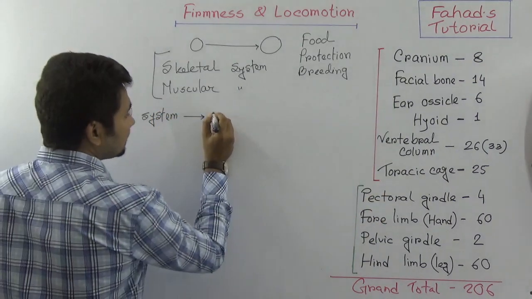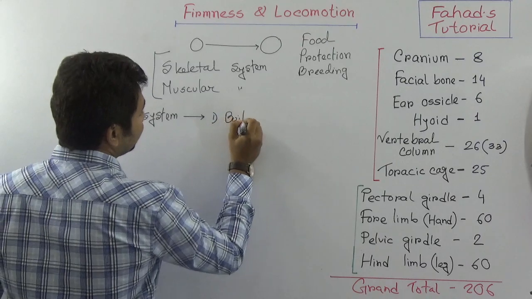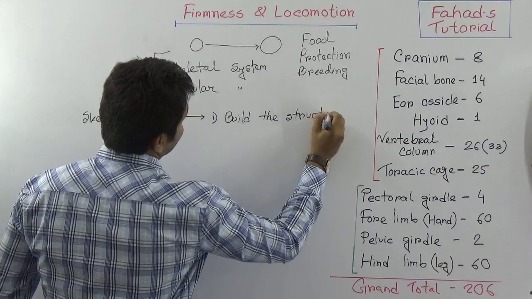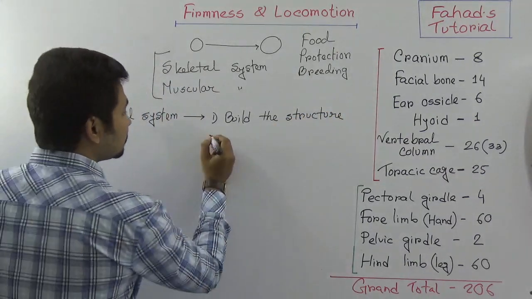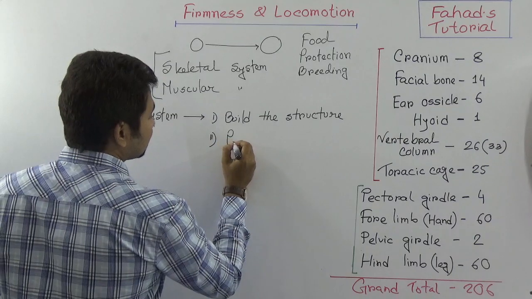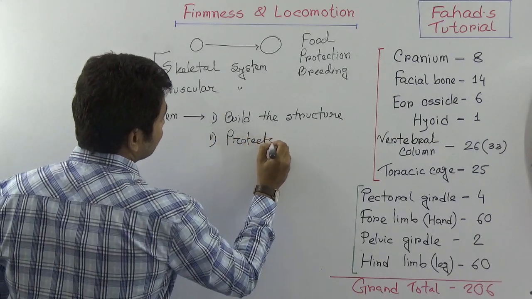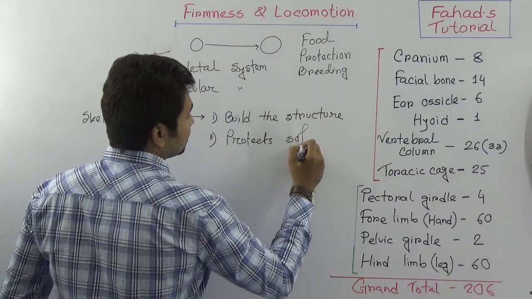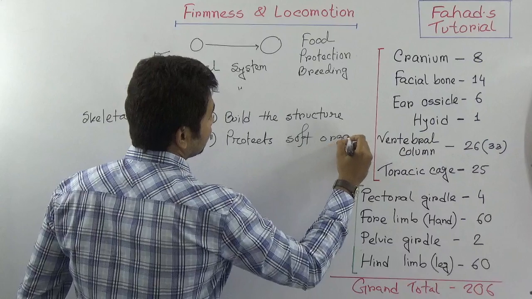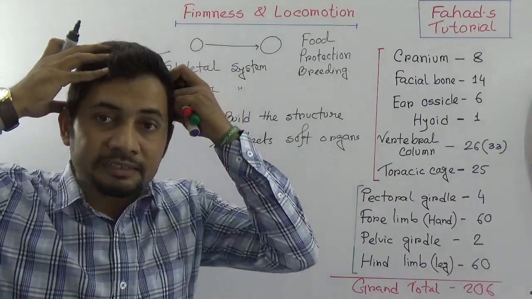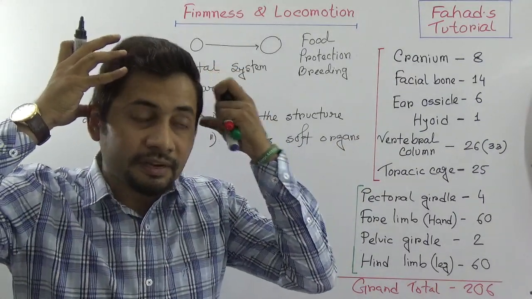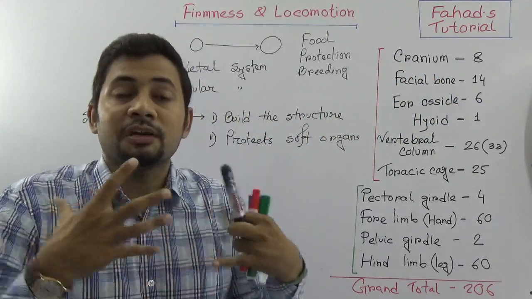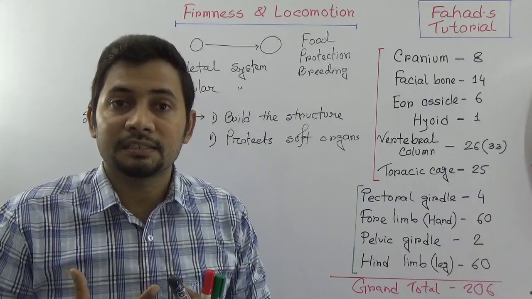Number one, it builds the body structure. Number two, it protects soft organs, like it protects our brain, the cranium part of the skeletal system is protecting our brain, the thoracic cage is protecting our lungs, our heart, diaphragm.